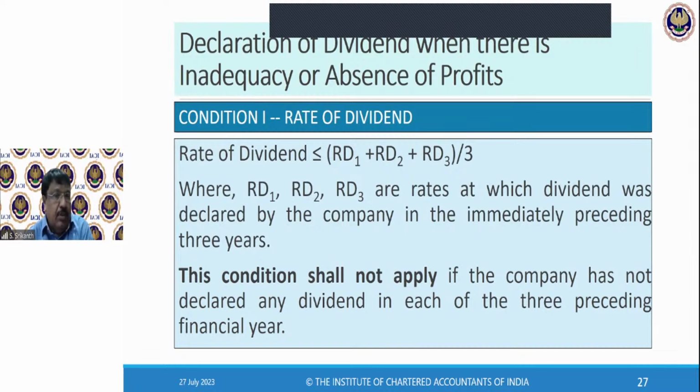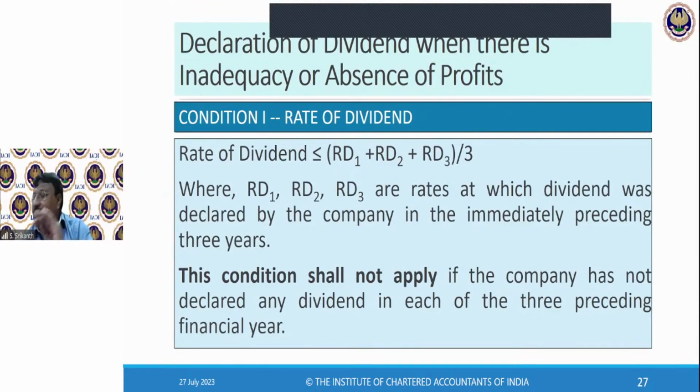Now, they are saying the first condition, the rate of dividend, the percentage calculation, should not exceed the average rate of dividend declared during the immediately preceding 3 years. So the rate of dividend should be less than or equal to the average rate of dividend declared during the immediately preceding 3 financial years.